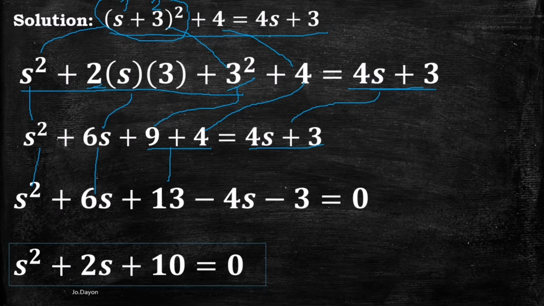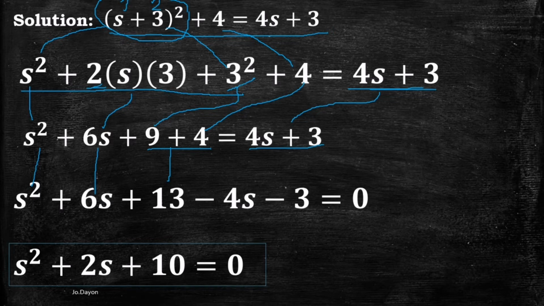We are going to apply the properties of equality, and one of the properties that we are going to use is the subtraction property of equality, wherein we subtract both sides of the equation by 4s plus 3. Once we subtract this by 4s plus 3, the right side will become 0, and on the left side, we have negative 4s and negative 3.